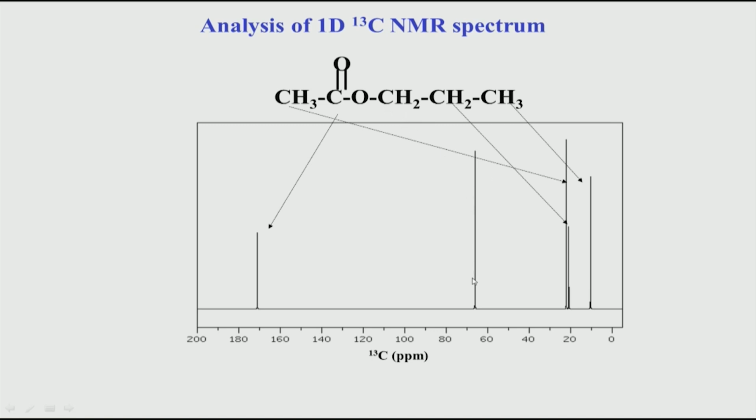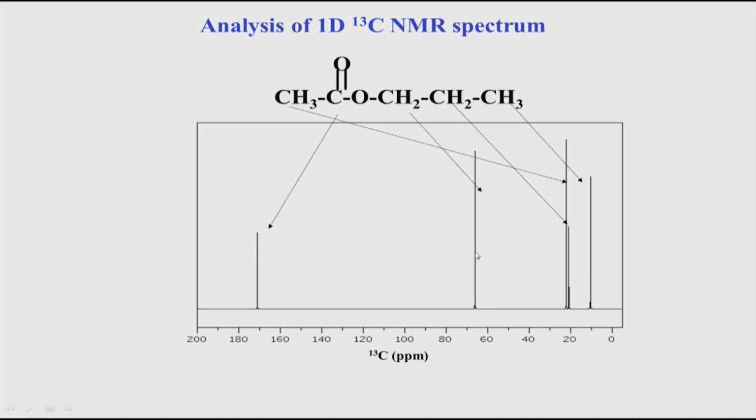Now, why is this coming so much at 60-70 ppm? That is again because, remember, this is directly attached to oxygen. Because of the electronegative effect, the shielding is directly influenced by this one carbon-oxygen bond, and therefore this CH2 comes very much downfield shifted, at 65 to 70.